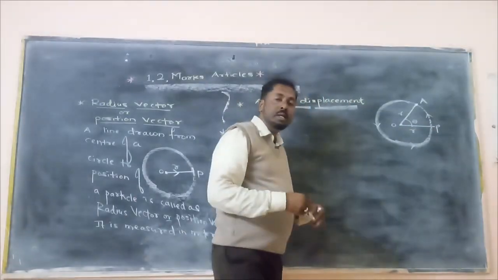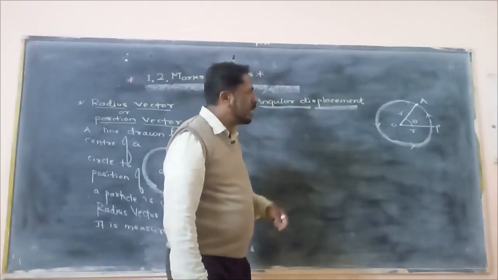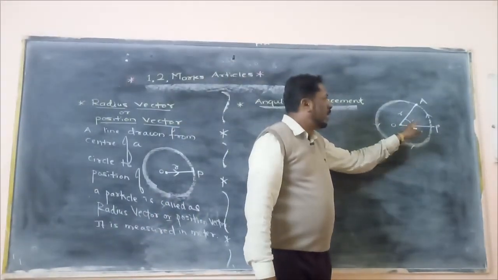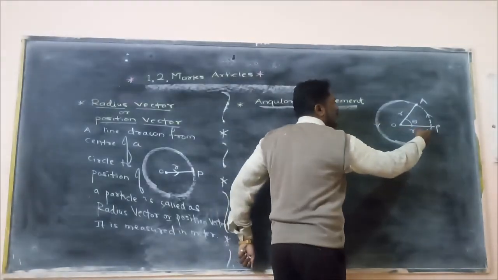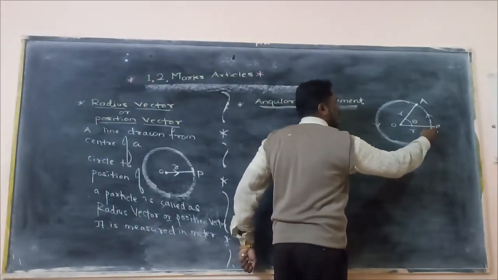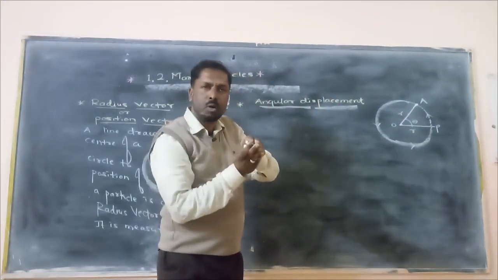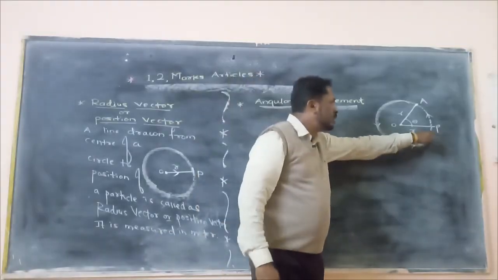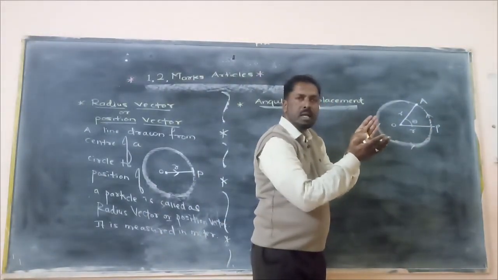You can say d theta, you can say delta theta. So how does this angle theta take place? If point P changes its position from P to A, then what happens? It makes a certain angle theta.